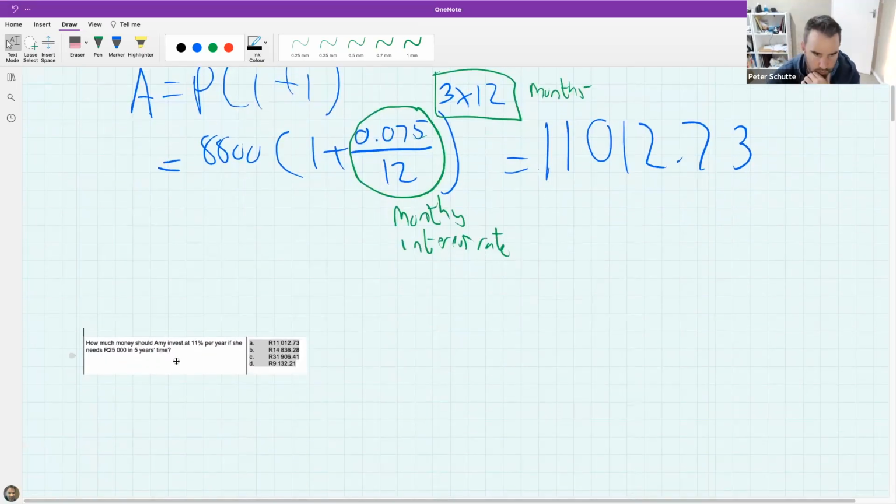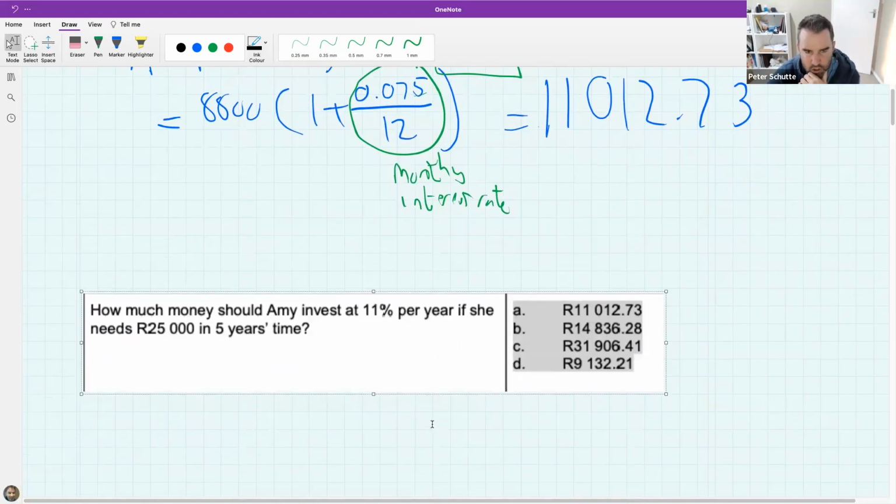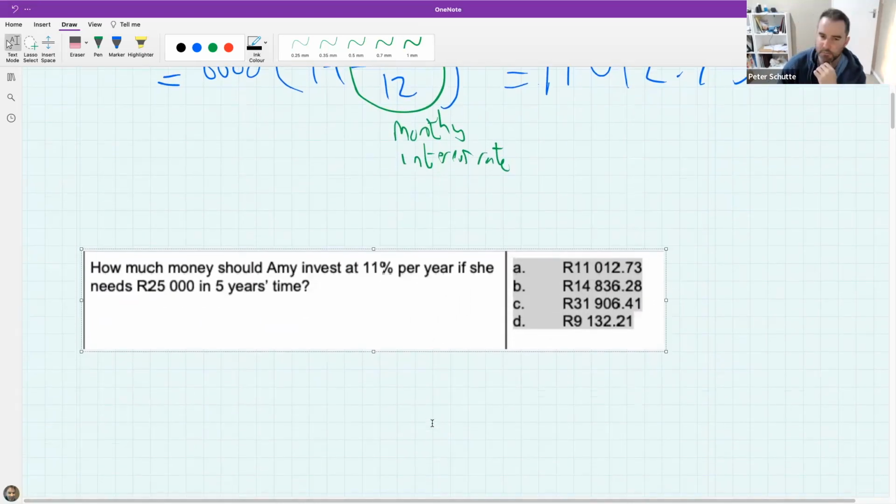In this next one, it says, how much money should Amy invest at 11% per year if she needs 25,000 in 5 years' time? Now here, the assumption is that they don't say compounded monthly, so this would be compounded yearly.